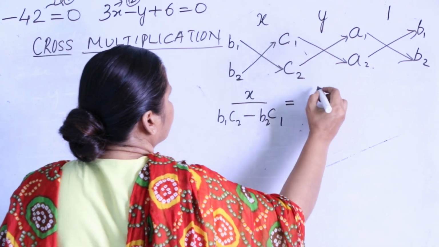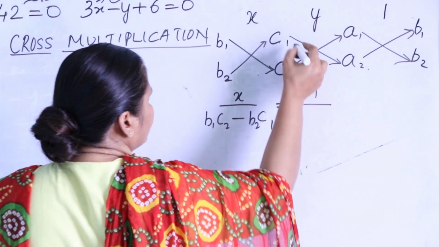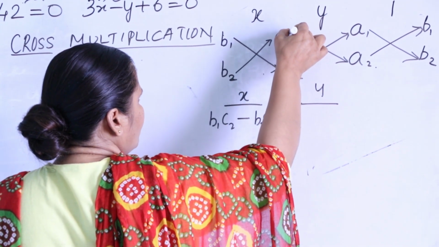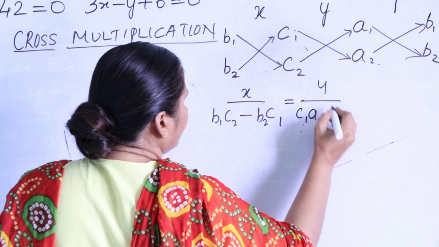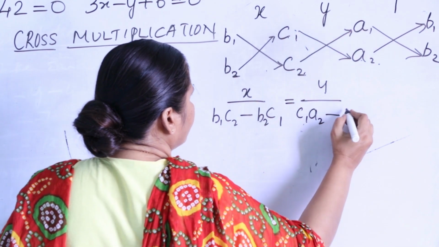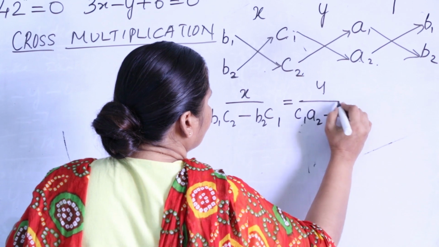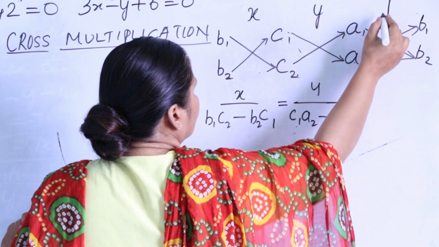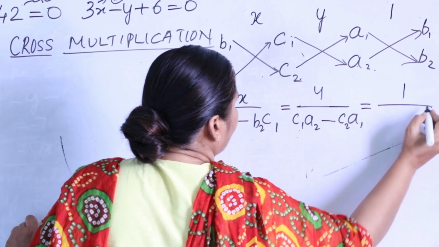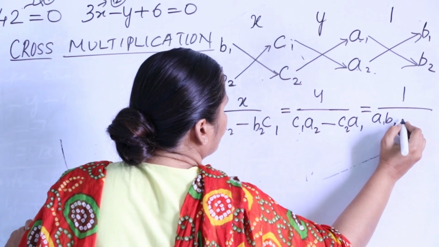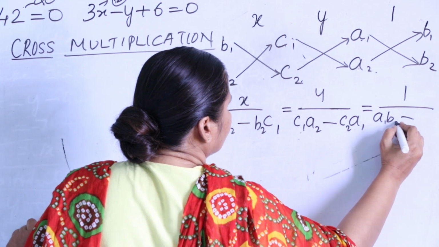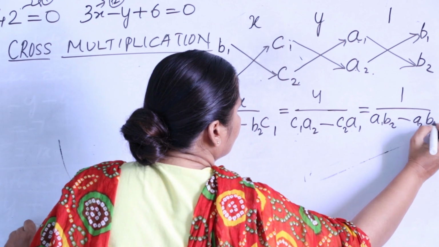Next, Y. What is the beginning now? C1, A2 minus C2, A1, is equal to 1 by A1, B2 minus A2, B1.